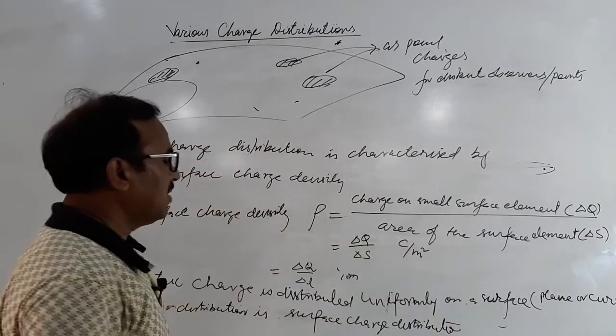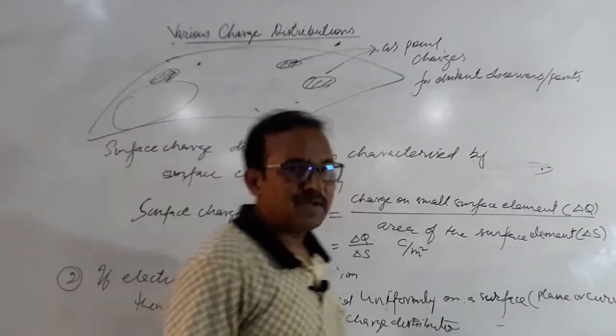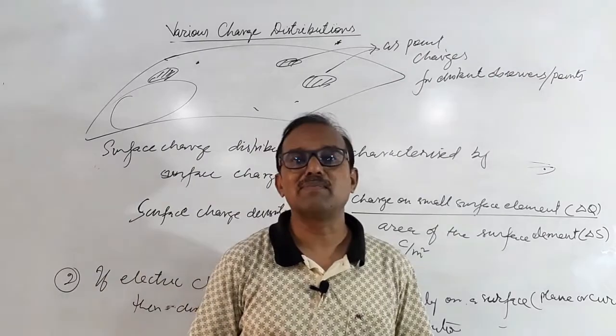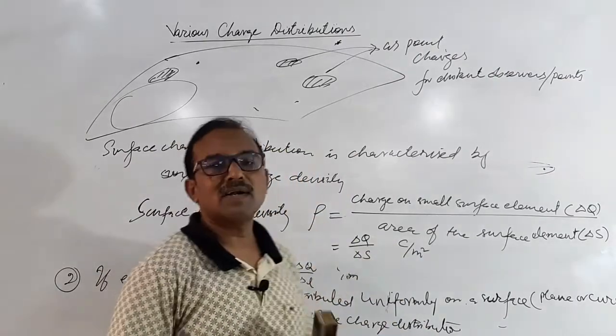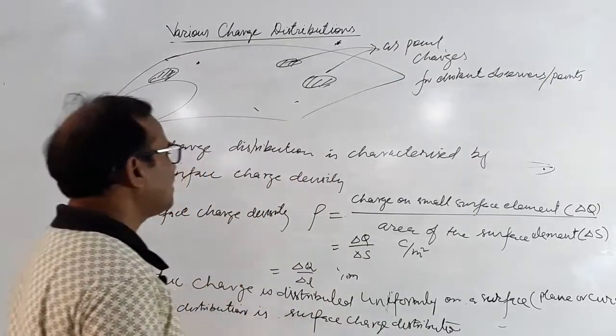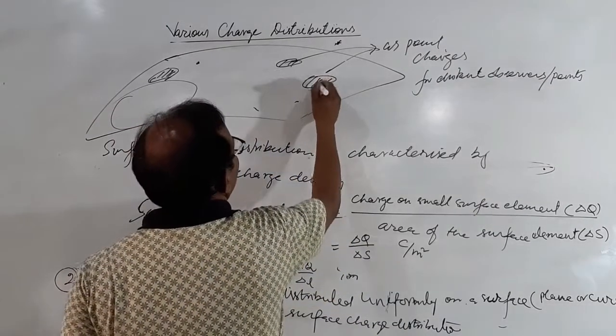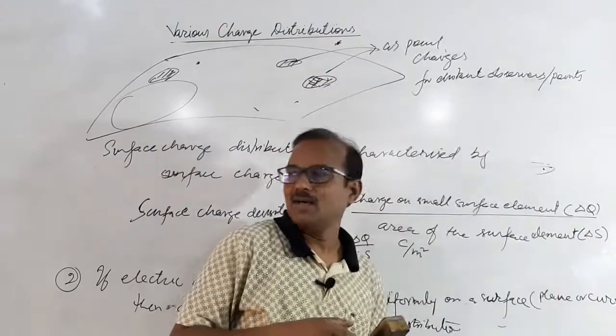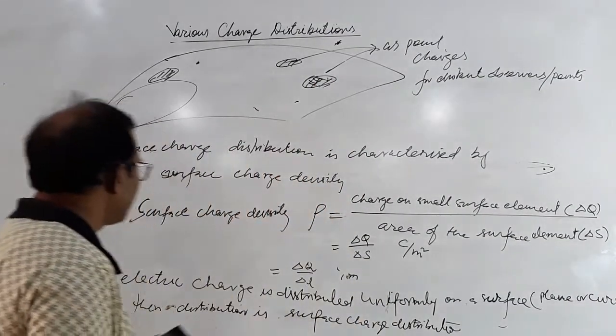Remember, we did the case of linear charge density, whose unit was coulomb per meter, but here surface charge density has unit coulomb per meter square. Again remember, charge on a small element is taken as a point charge for distant points or distant observers.